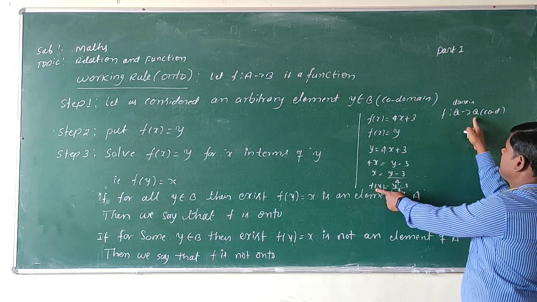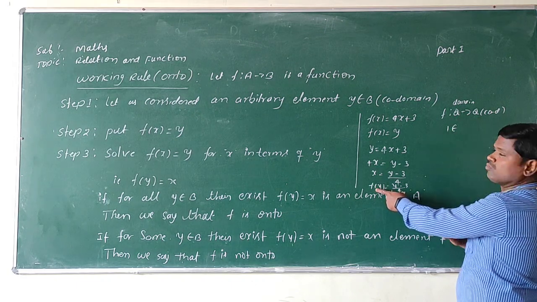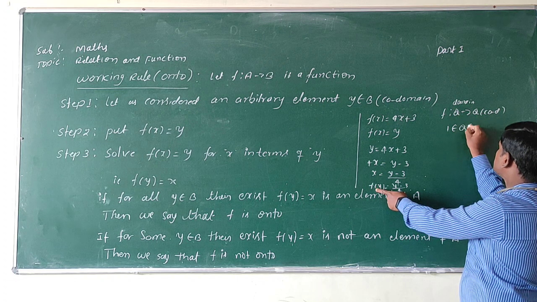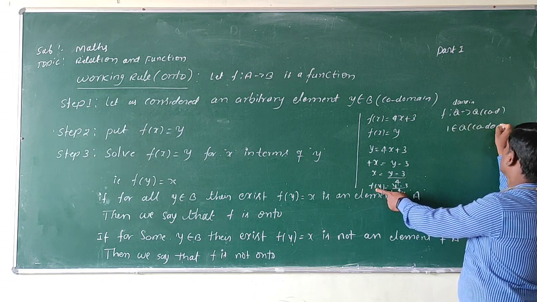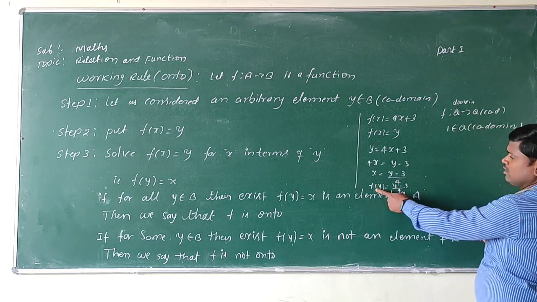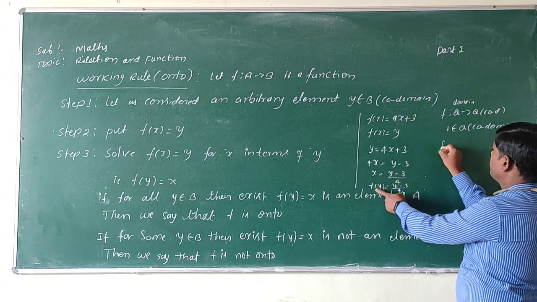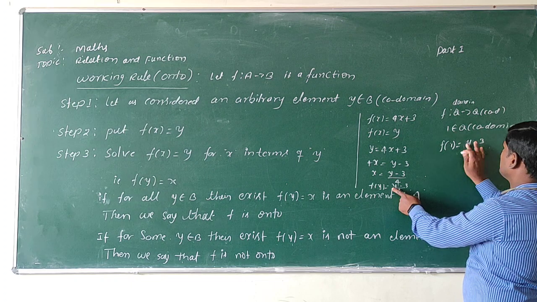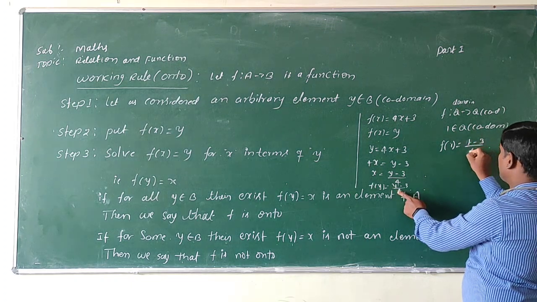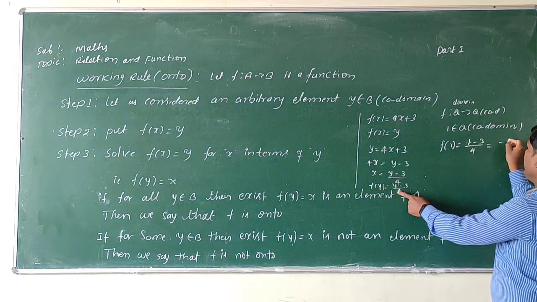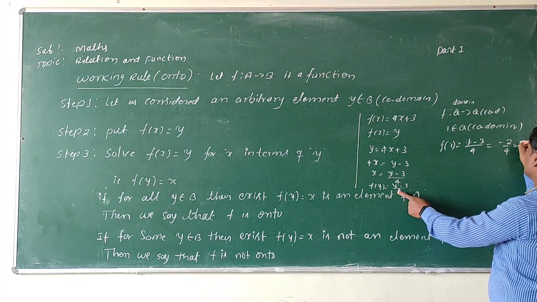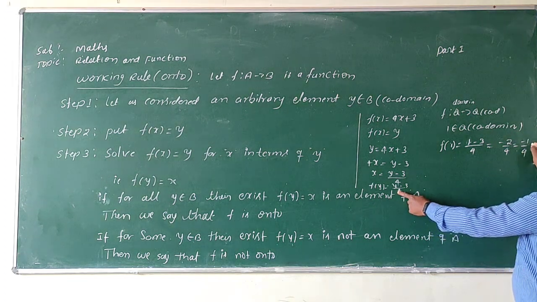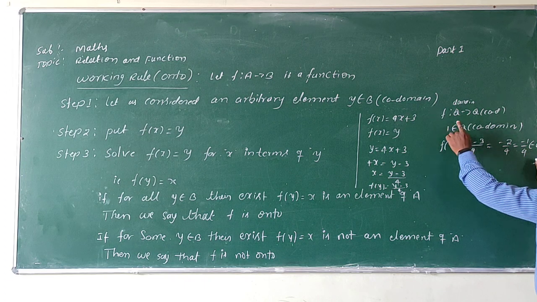Suppose I take any one of the elements, say 1 belongs to Q, that is the codomain. Putting y equal to 1, x is equal to (1 minus 3) divided by 4, so this becomes minus 2 divided by 4, that is minus 1 by 4. This belongs to Q.